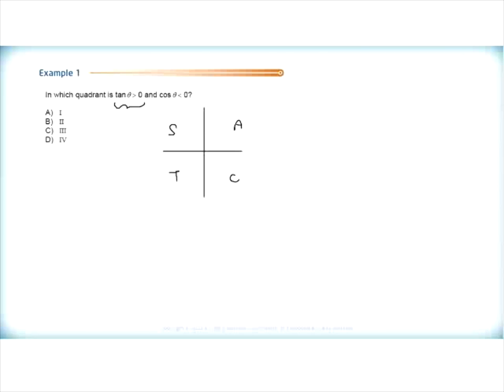Tan is greater than 0 in two quadrants. It's positive in quadrants 1 and 3. And cosine is less than 0. In other words, where is cosine negative? Cosine is negative in quadrants 2 and 3. So the question is, in which quadrant is tan both positive and cosine negative? Does both of these things occur? It's in quadrant 3. The correct answer to this question is C.